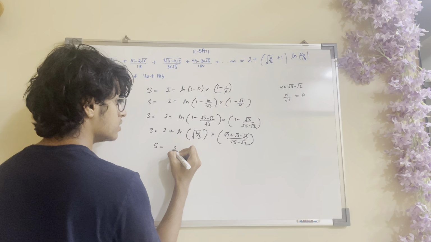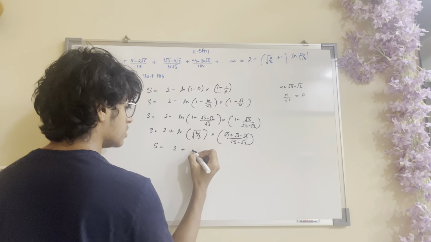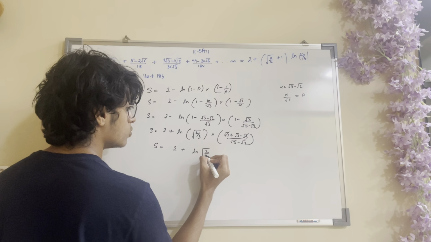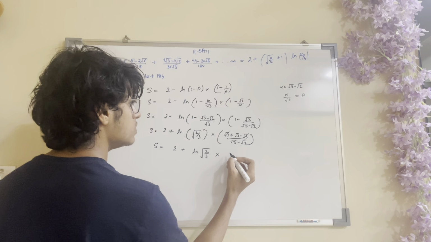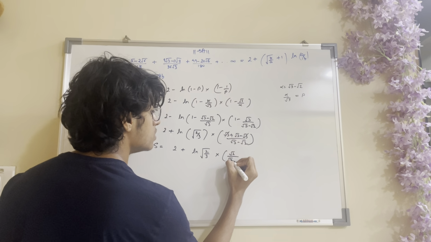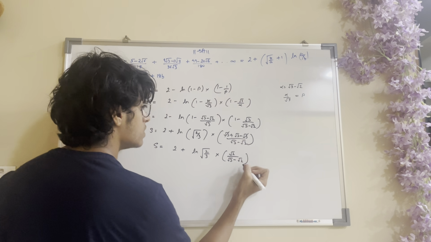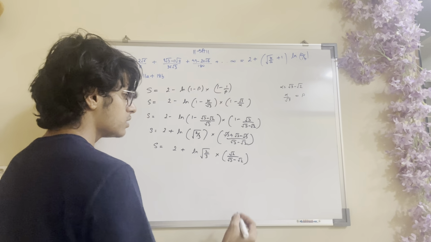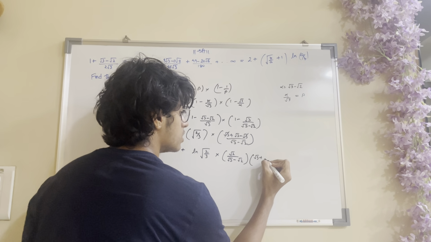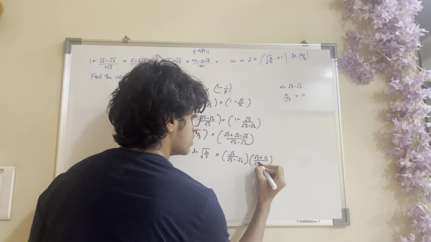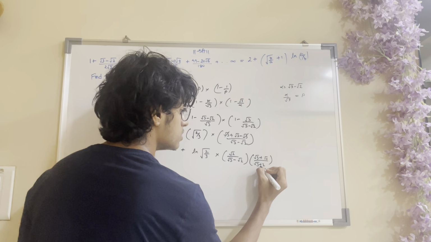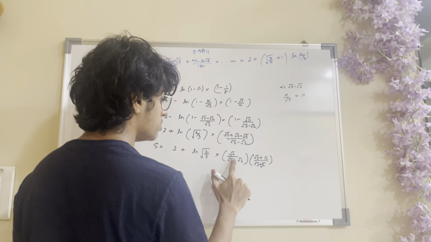This is equal to 2 plus ln under root 2 by 3 into root 2 by (root 3 minus root 2). Rationalizing the denominator here, that is multiplying by root 3 plus root 2 on both sides, numerator and denominator. This will be a square minus b square, so the denominator will be 1.